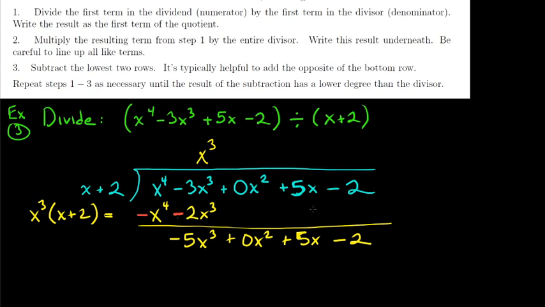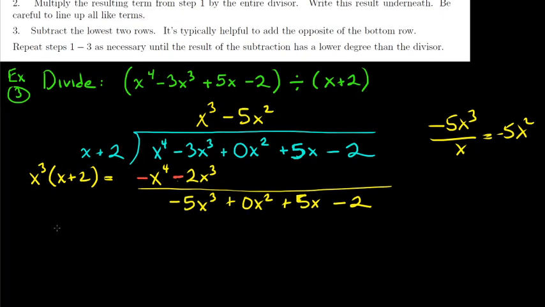Round 2. Round 2 says we're going to divide the first term here by the first term here. So negative 5x cubed divided by x, so negative 5x squared. Right, so that's the next term in the quotient. All right, step 2.